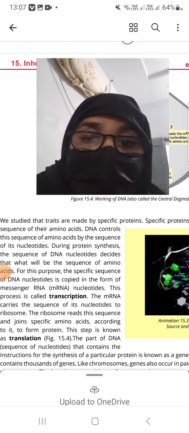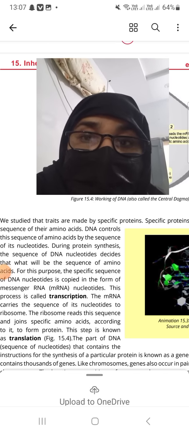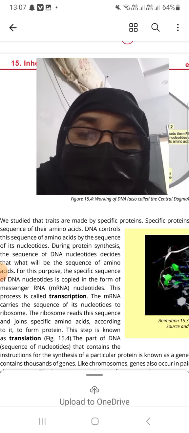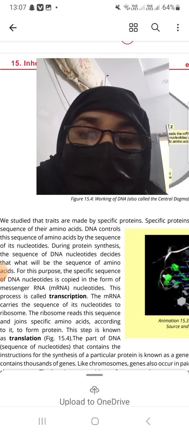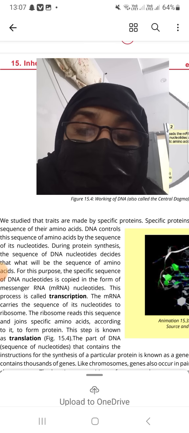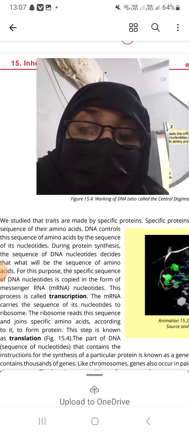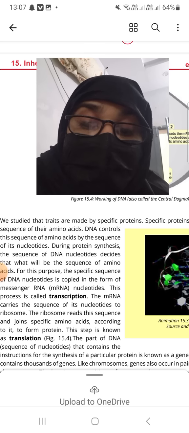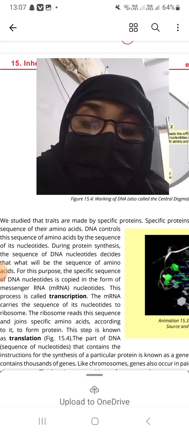Another point: a specific portion of DNA controls the sequence of amino acids. This sequence is decided during protein synthesis. The specific sequence of DNA is copied into messenger RNA, mRNA, which is important.